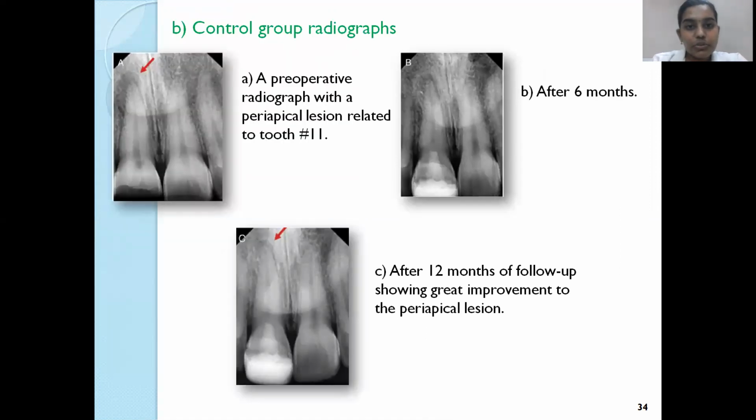Now let's see the control group radiographs. Radiograph A shows the pre-operative radiograph with the periapical lesions related to tooth number 11. B shows the radiograph taken after 6 months, and C shows the radiograph taken after 12 months of follow-up showing great improvement to the periapical lesion.